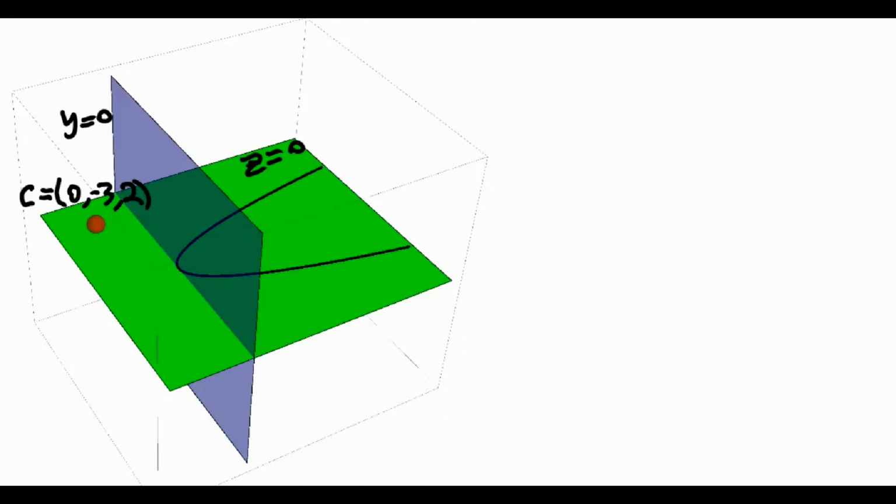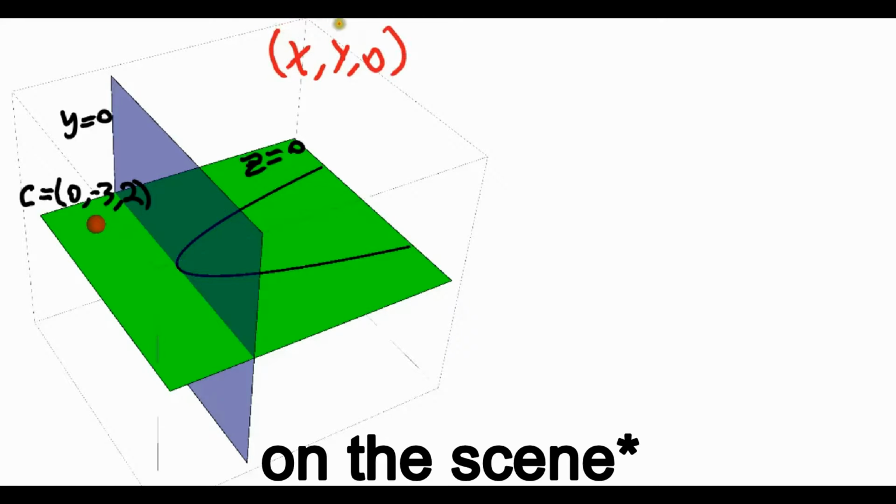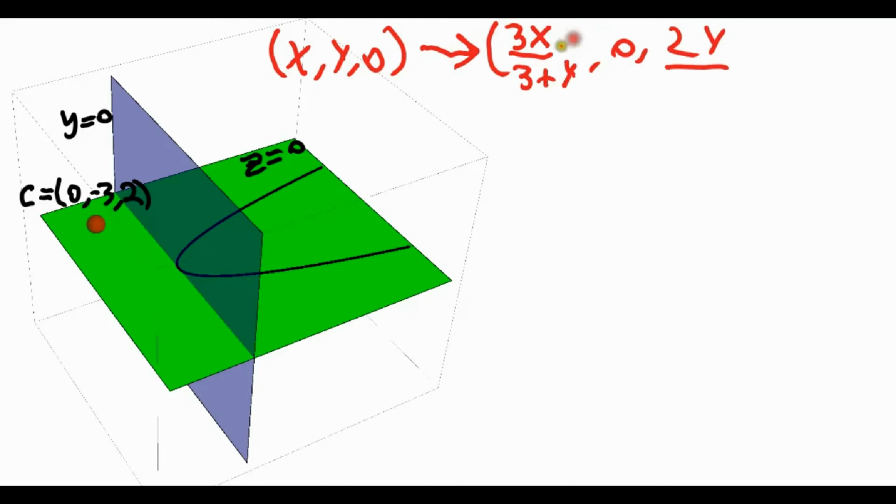So our crucial observation from last time still holds, and that is that a point x, y, 0 on the scene gets projected onto a point 3x divided by 3 plus y, 0, 2y divided by 3 plus y on the picture plane.